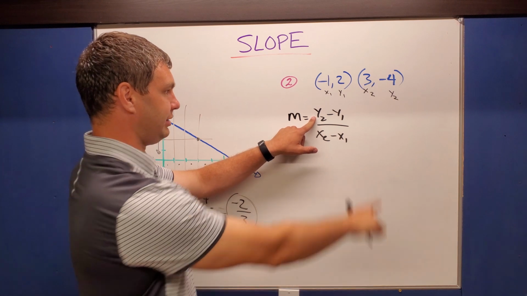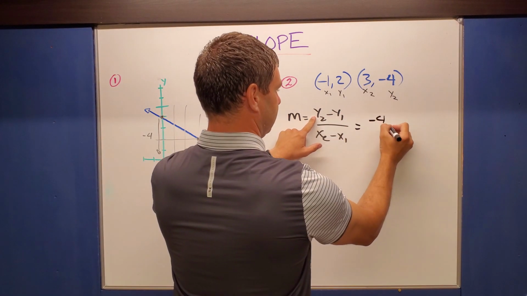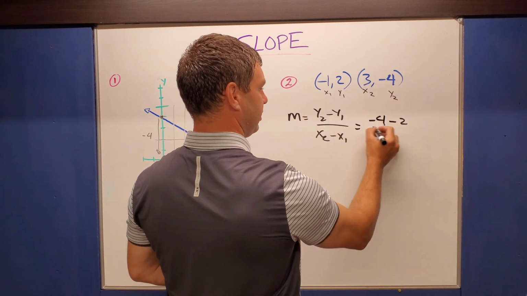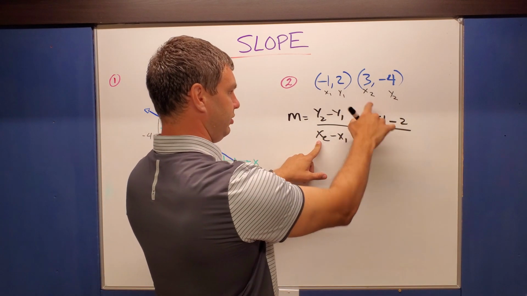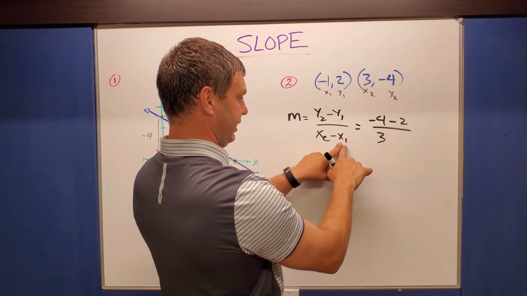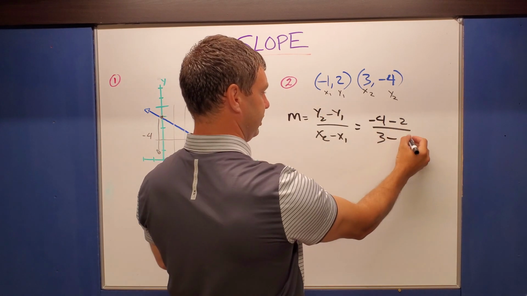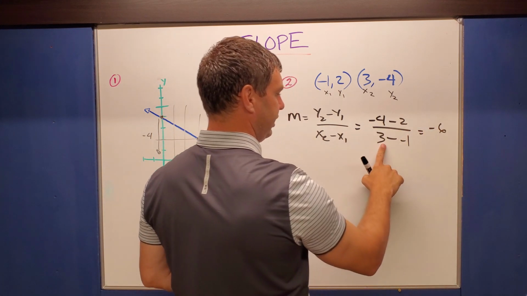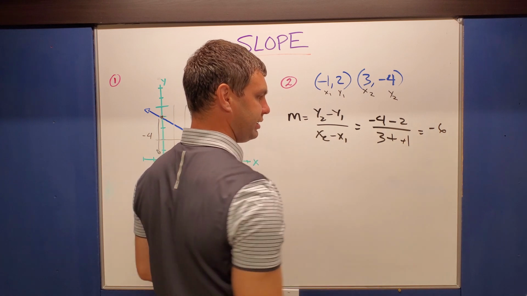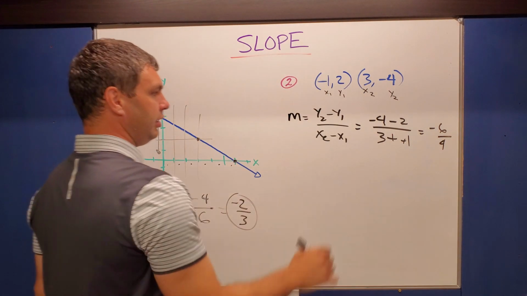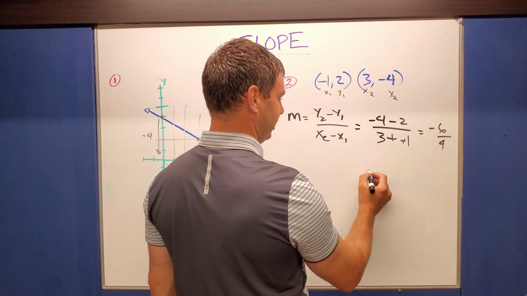My y2 value is -4, minus my y1, which is 2. For the x's, my x2 is 3, and my x1 is -1, so remember, it's minus the x1, so minus the -1. I get -4 minus 2, which is -6, and then 3 minus -1 turns positive, so 3 plus 1 is 4. We can simplify this one more time to get -3/2.